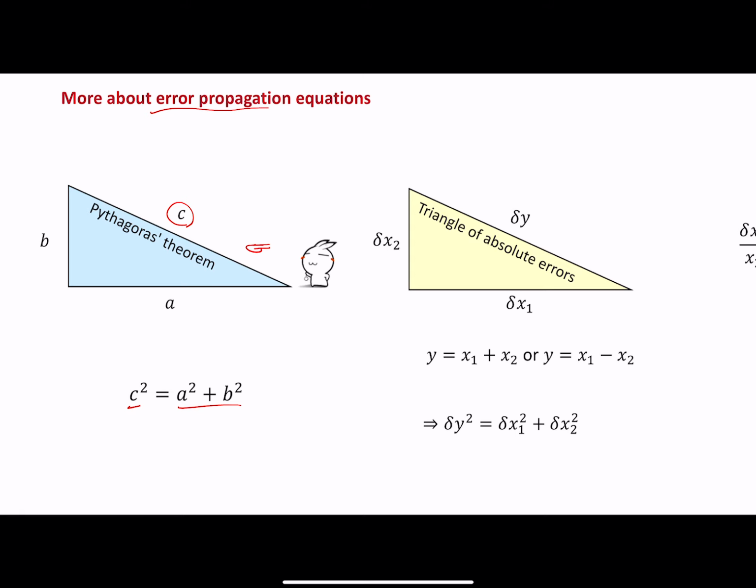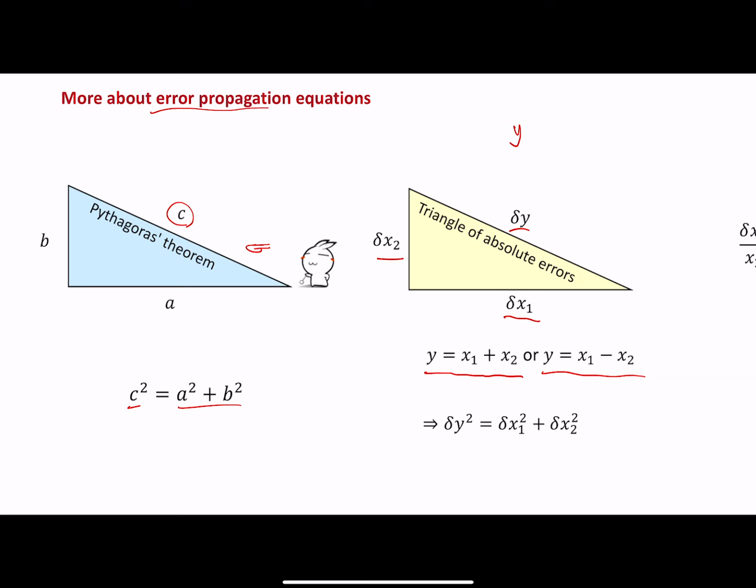If we have the data like y equals x1 plus x2, or y equals x1 minus x2, where delta x1 is the error of x1, delta x2 is the error of x2, and delta y is the error of y.